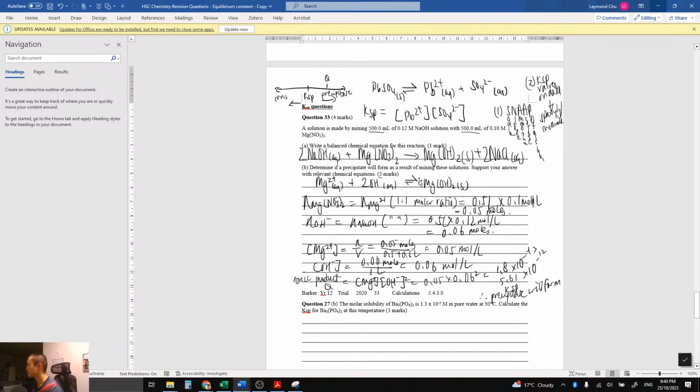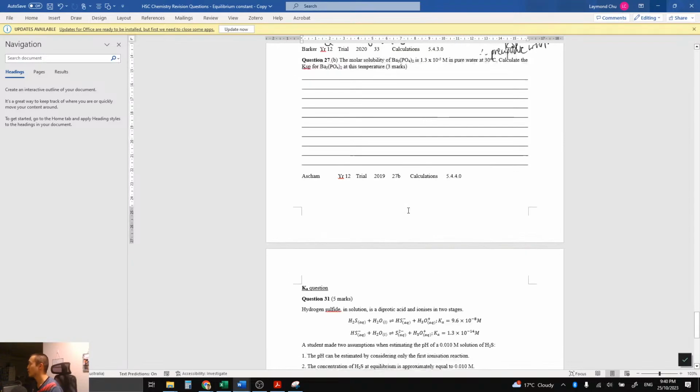Okay. The molar solubility, great. The molar solubility of this is 1.3 times 10 to the negative 5. Calculate the KSP of this at this temperature. Perfect. So what that's saying is Ba3(PO4)2 ionizing is 3Ba2+ plus PO4 3-, and 2 of those, right?